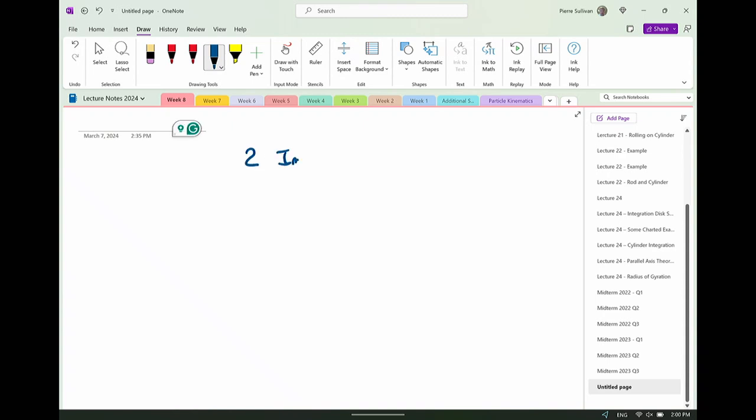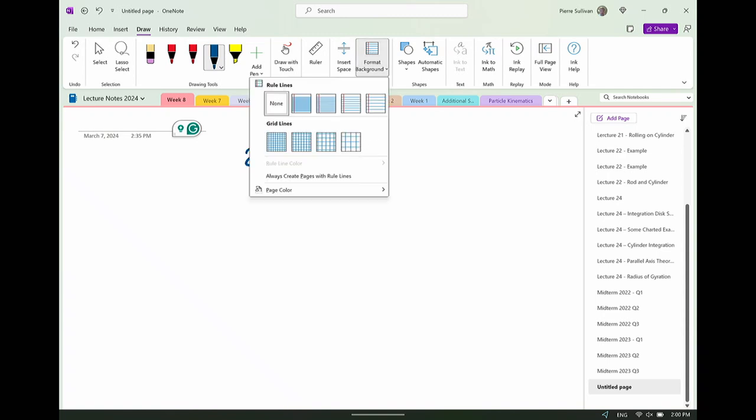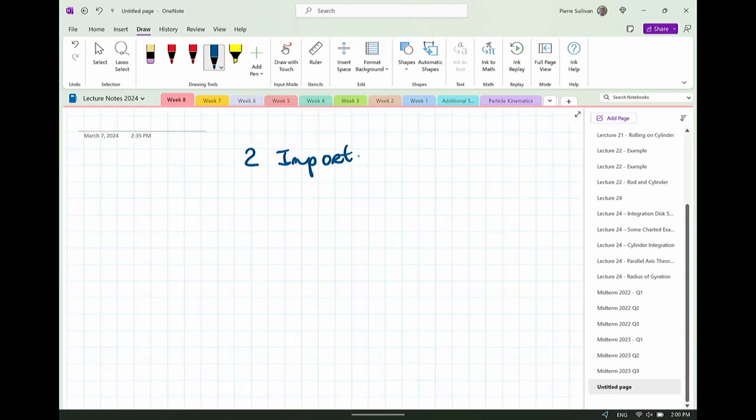There are two important concepts. You need to recognize that your definition of this is r squared dm, and that tells you, for example, that the units on this are kilogram meter squared.